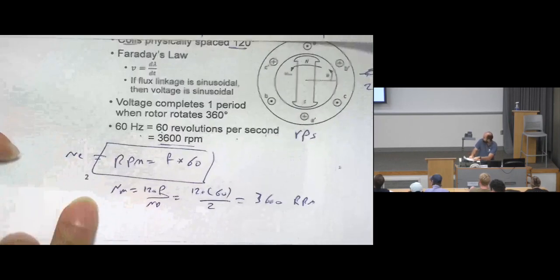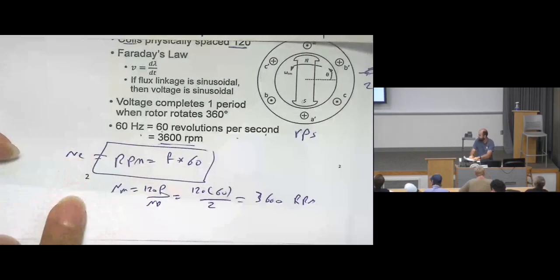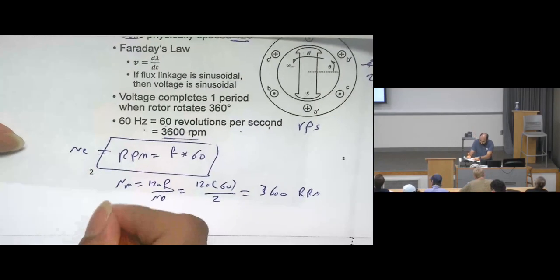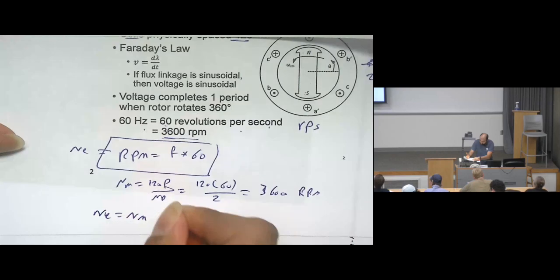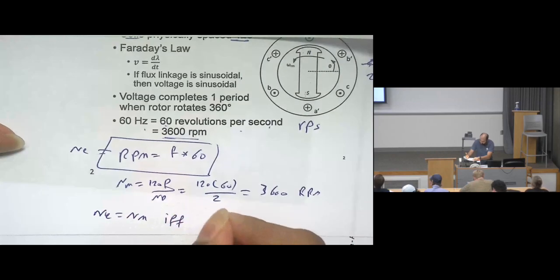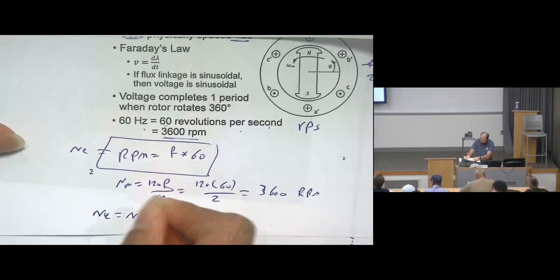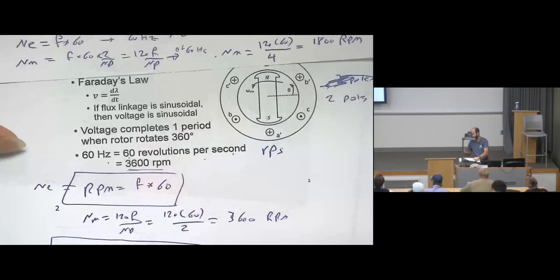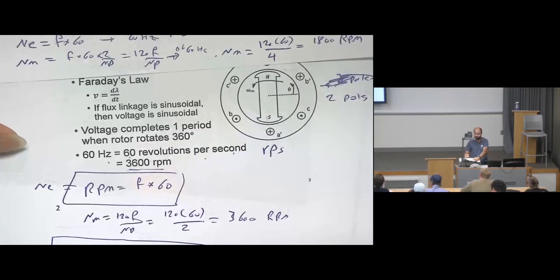So that one was the electrical, this one is the mechanical. We can say that the electrical speed equals the mechanical speed if and only if the number of poles equals 2. Otherwise, it will be different. So the mechanical speed will be less than the electrical speed.